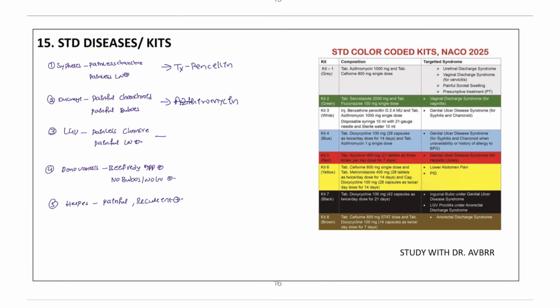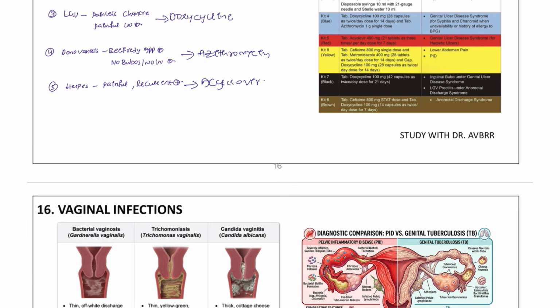LGV is chlamydia, so here I am going to give doxycycline. Next, donovanosis: here we can give doxycycline, or we can go for azithromycin, and for herpes we can go for acyclovir. And how about the treatment of the partner? Treatment of the partner has to be given for all the above patients.